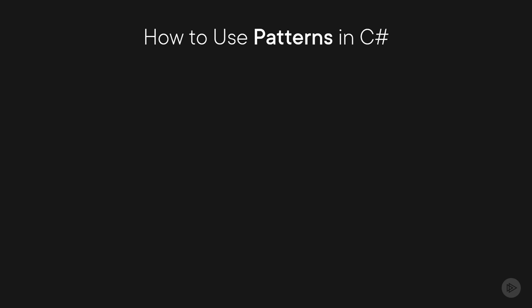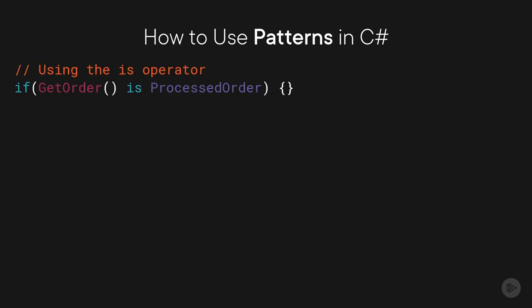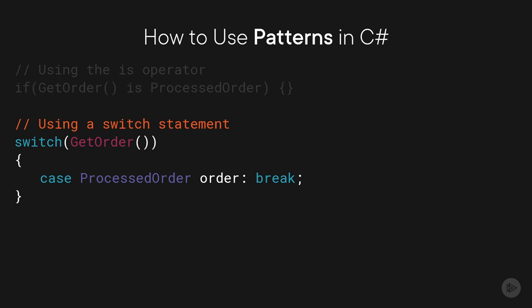The first option is that you can use them together with the is operator, as we've just explored. Second, you can use it with a switch, where each case in the switch statement uses a pattern. This can be used together with a case guard known as the when keyword.